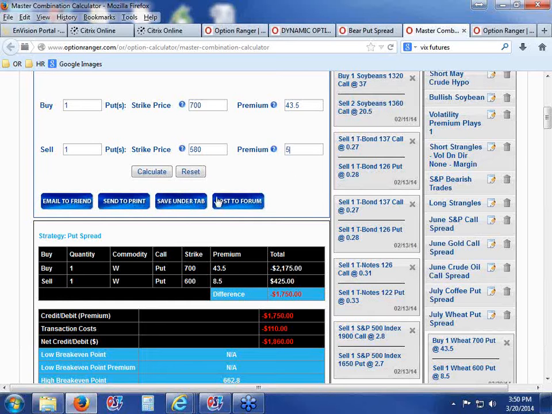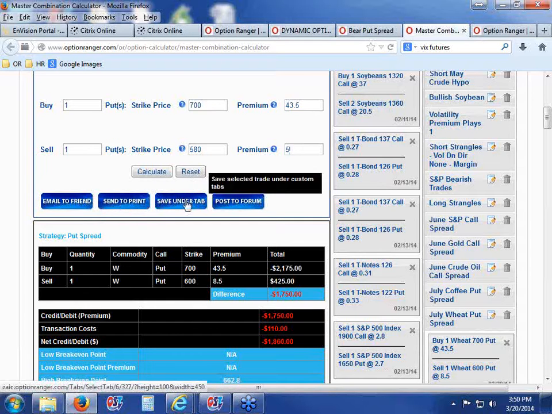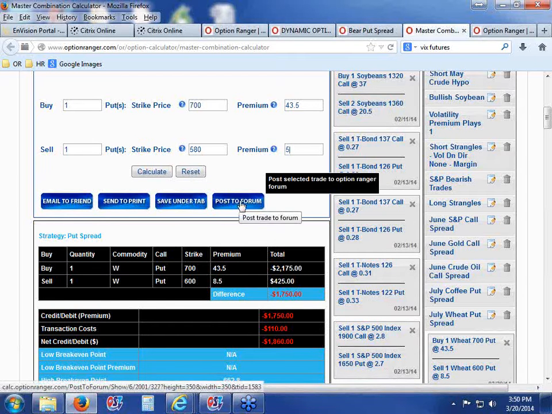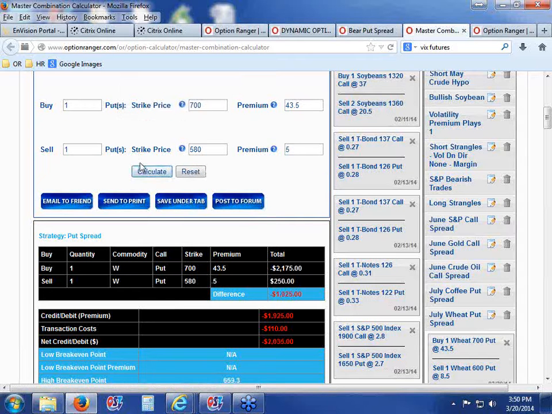And again, as you know, we have a feature to email this straight to a friend, to print it so we can make notations on it, to save it under a tab if we want to, or to post to a forum for feedback or just as a suggestion to others to begin a discussion. We hit the calculate button, and you're going to see two things.